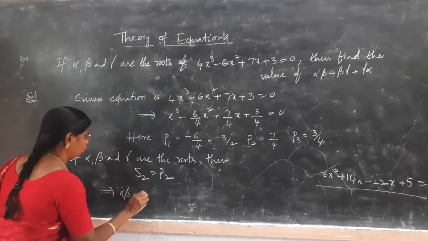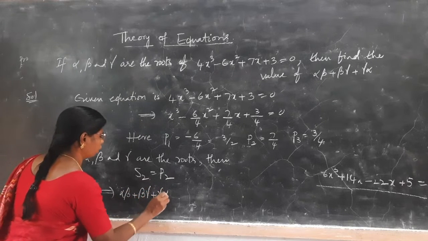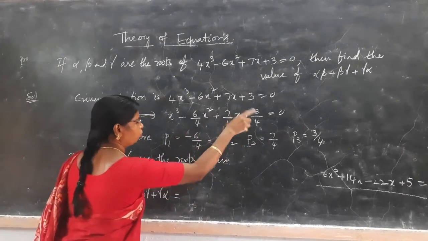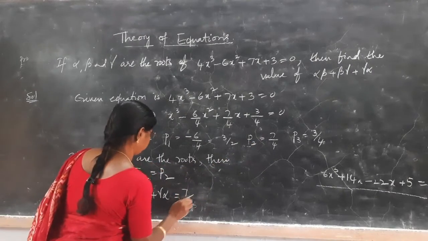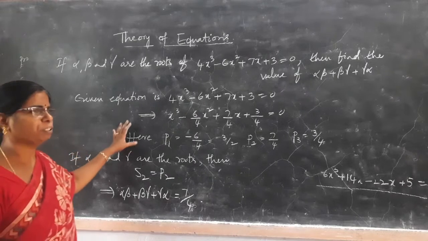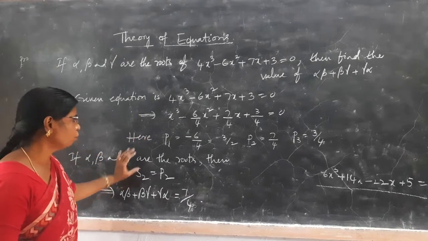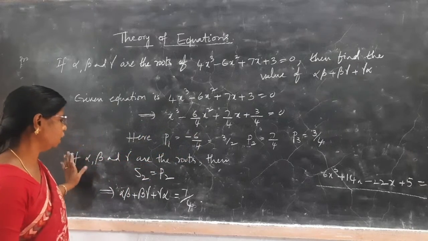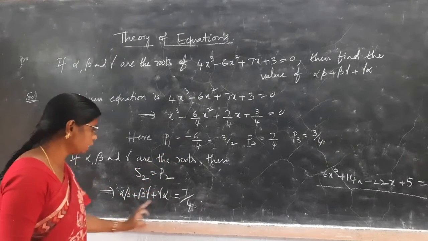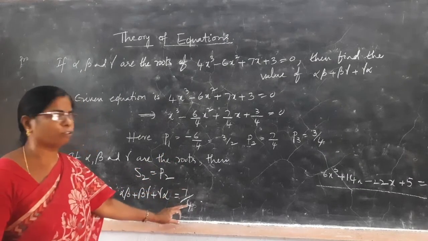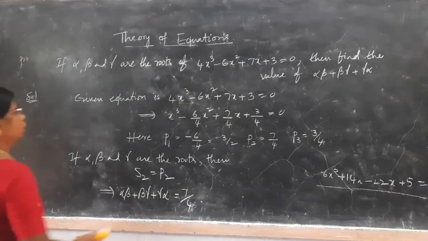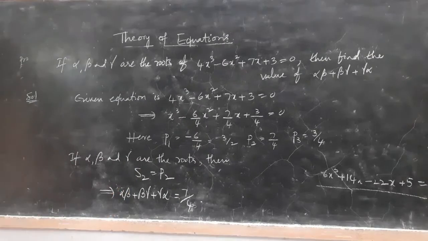Alpha beta plus beta gamma plus gamma alpha is equal to P2. What is P2 here? ఇది P1, P2, P3. P2 is 7 by 4. That's all. So suppose if this problem is asked for 2 marks, S2 మీరు ఇలా P1, P2, P3 రాసుకొని S2 is equal to P2 ఫార్ములా ఇది రాస్తే 1 మార్క్ వస్తుంది. నెక్స్ట్ దీని వాల్యూ కనుక్కొని 7 by 4 రాస్తే ఇంకో మార్క్ వస్తుంది. ఓకే, సో I come to the next problem. No doubt.